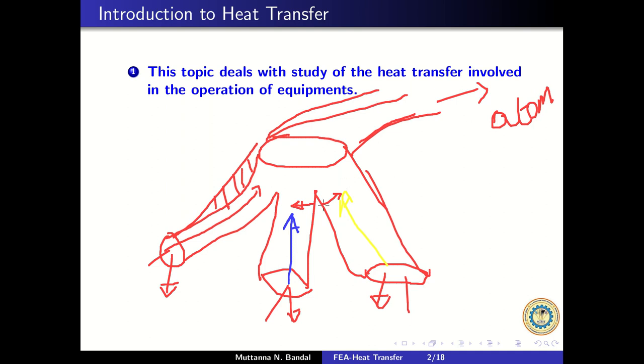At that point, because of the temperature, this web will try to expand in this direction and this will try to expand in this direction. It might be in any direction. Let us assume that it is expanding in this direction and this in this direction. Because of this, a tensile kind of force is created at this joint.